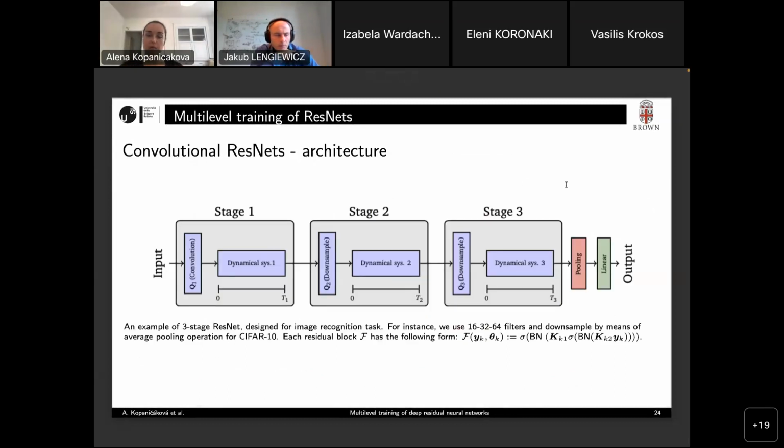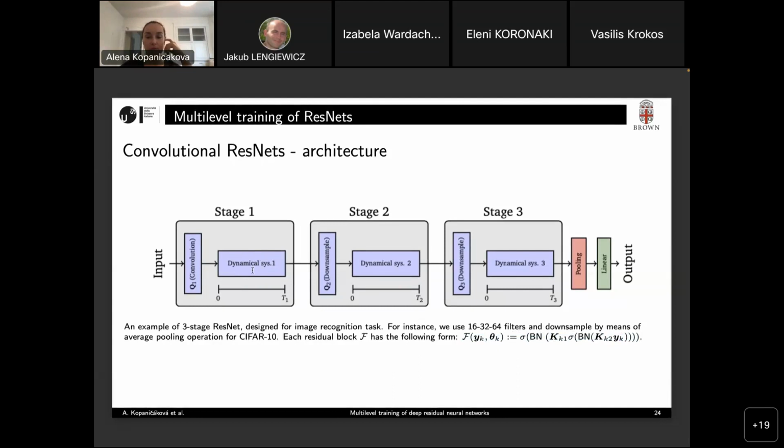Here I would like to demonstrate how such a multi-level method works on convolutional ResNets, which we employ for an image classification task. We employ residual blocks which are common in the literature: a convolution followed by batch normalization, then ReLU, and again convolution, batch normalization, and ReLU. What is important here is that for each stage we consider a different number of filters.